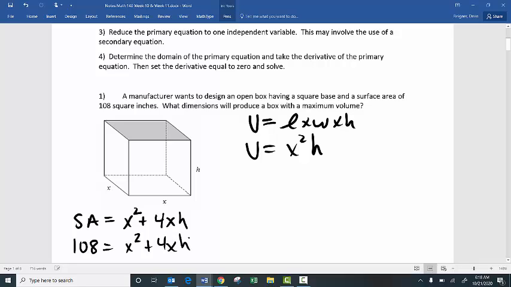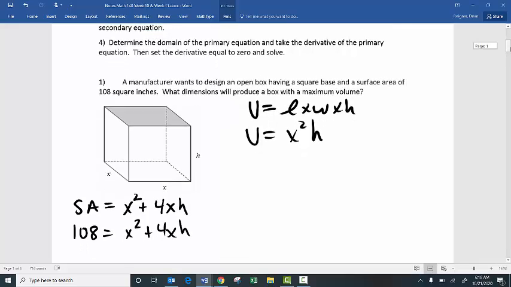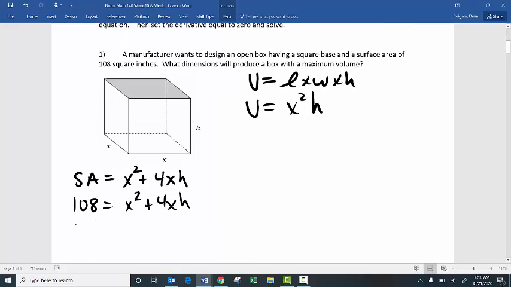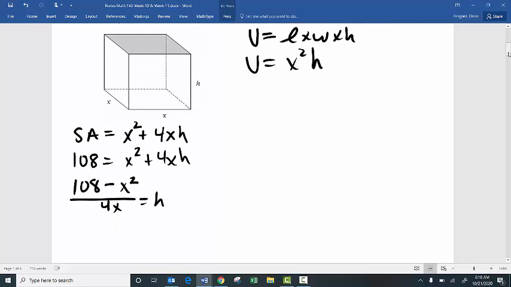So now you can do some algebra here at the bottom to solve for h pretty easily. It's 108 minus x squared, and then if you divide by 4x, you get h. You can simplify that a little further. 4 goes into 108, so you're doing a little long division with this one.